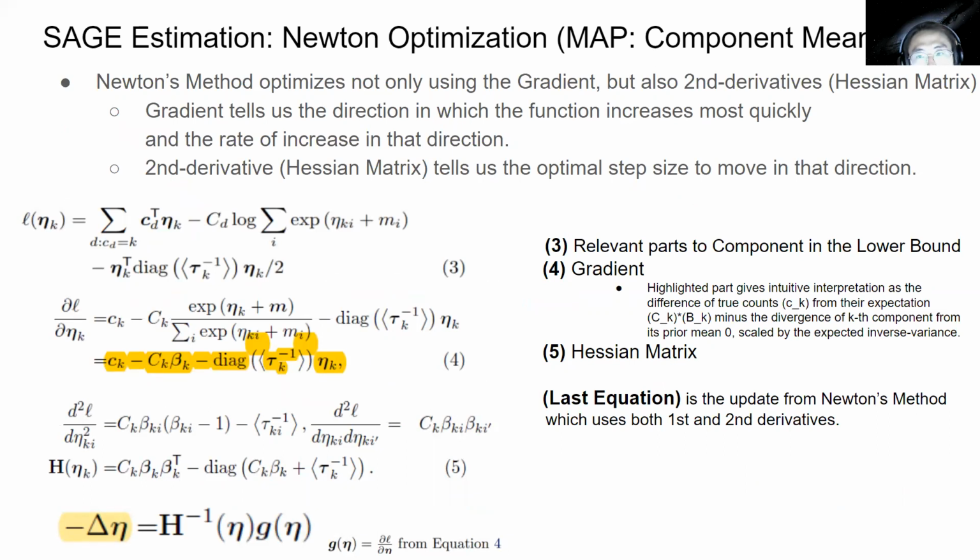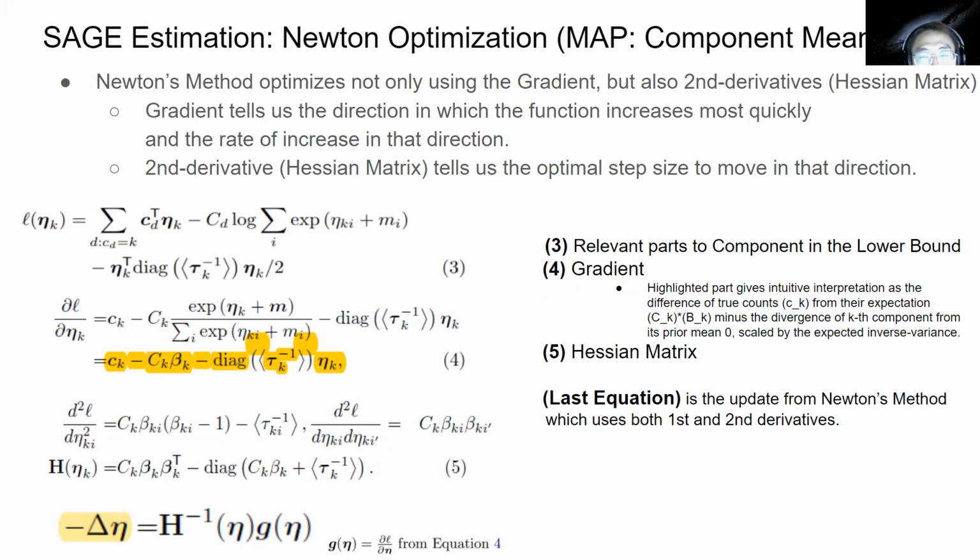First of all, for both steps, we're using Newton optimization, which is a gradient optimization technique that involves the gradient, but the Newton method is not the same as gradient descent because it also uses the second derivatives.